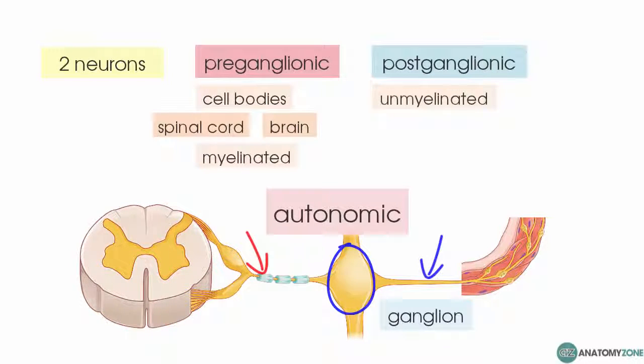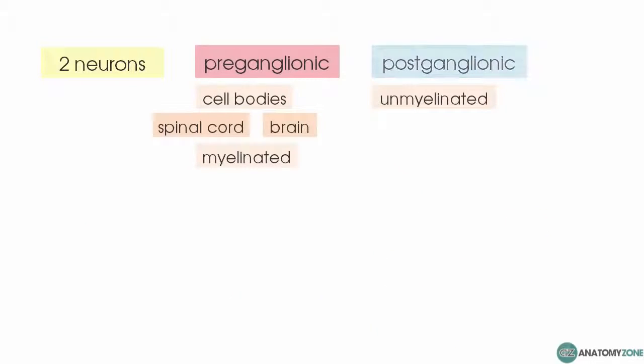So other anatomical differences to know about between sympathetic and parasympathetic are the lengths of the pre- and postganglionic axons. So the length of the preganglionic axon in the case of the sympathetic nervous system is relatively short.